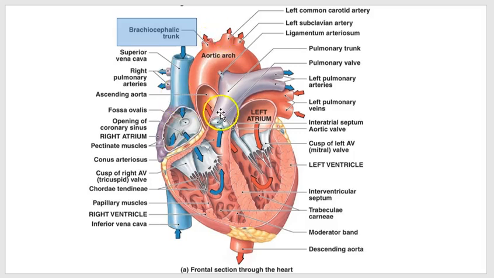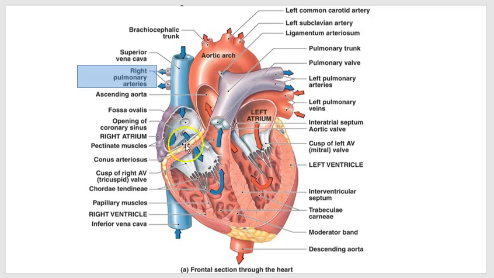Things to know: here's your aortic arch, and if you remember your ABCs, we have A for aorta, B for brachiocephalic, C for left common carotid, and then S for left subclavian, and then it becomes the descending aorta. Moving over here, you can see your superior vena cava, and coming down, your right pulmonary artery.